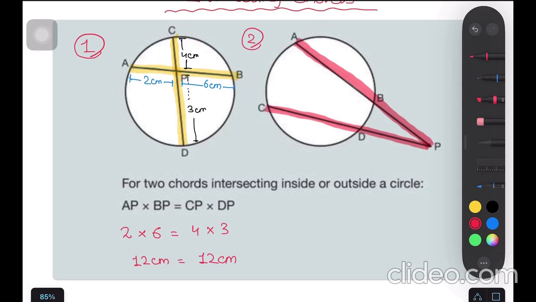Now let's analyze the second diagram, in which the chords are intersecting outside the circle.